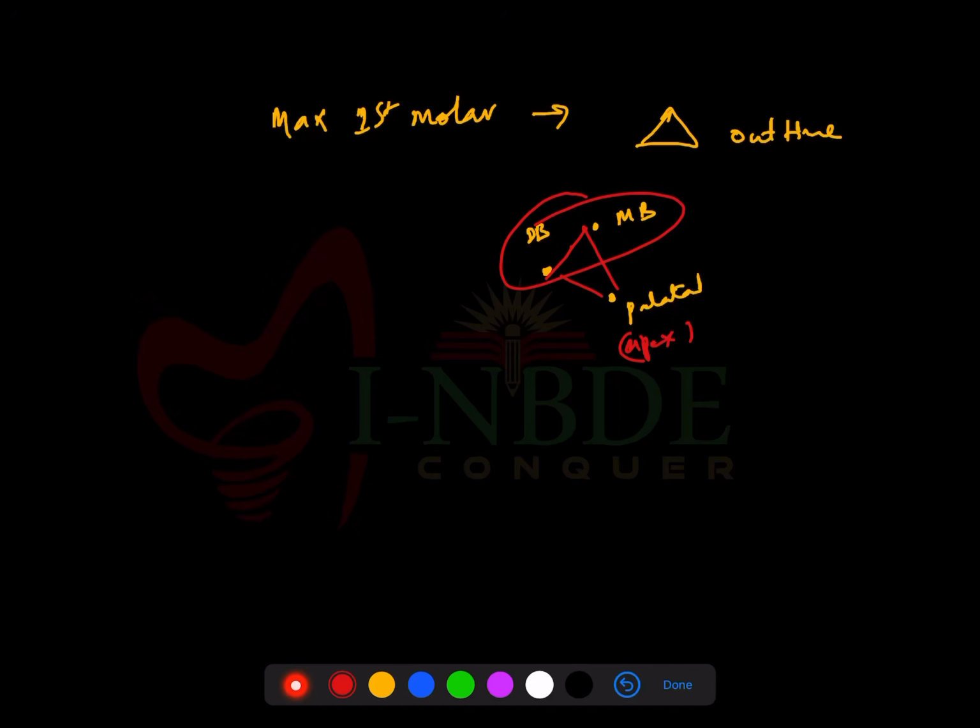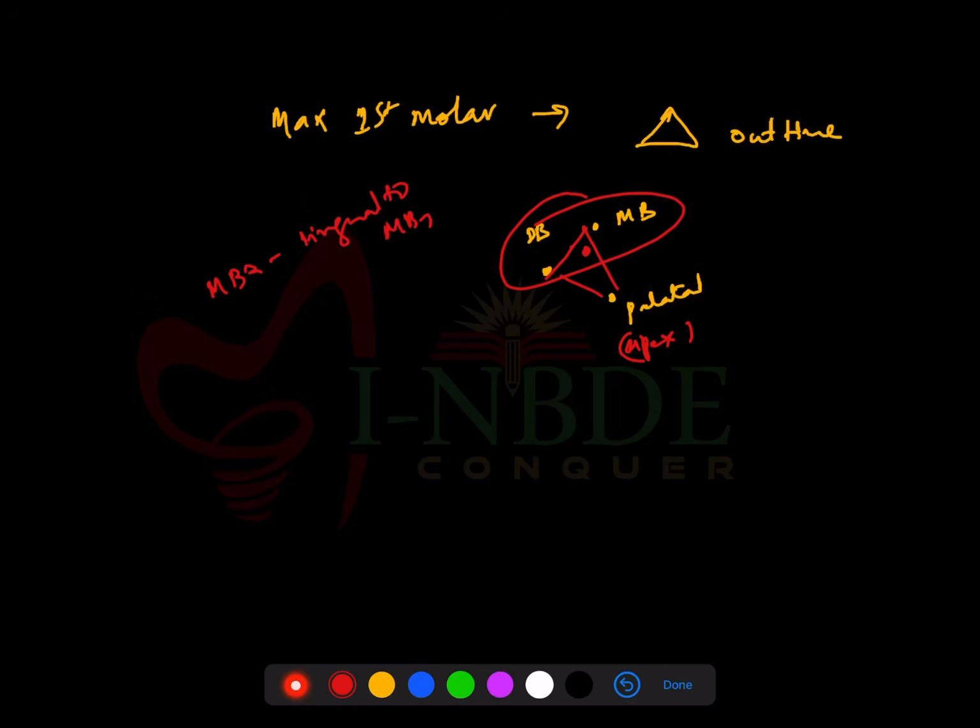And whenever you suspect a fourth canal, it will be lingual to the mesobuccal. So your MB2 will be lingual to MB1.